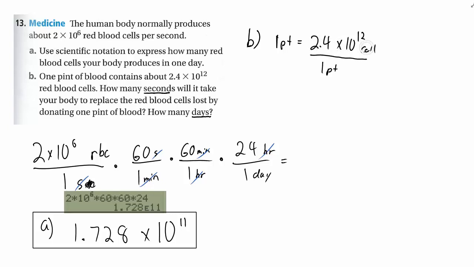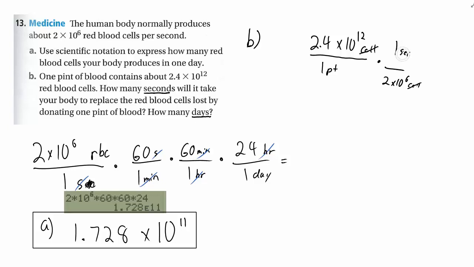So there's this many cells in 1 pint, and I know that your body in 1 second produces this many cells right here, 2 times 10 to the 6. You could have intuitively just seen that we could have just divided right here. But the idea is that these cells and these cells cancel out.